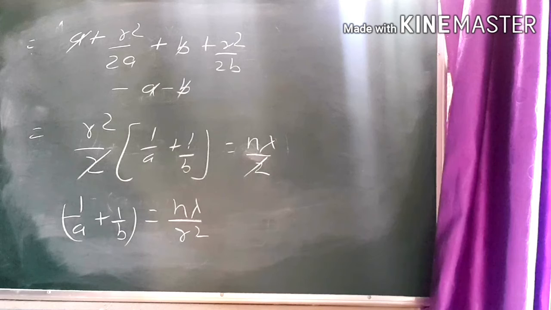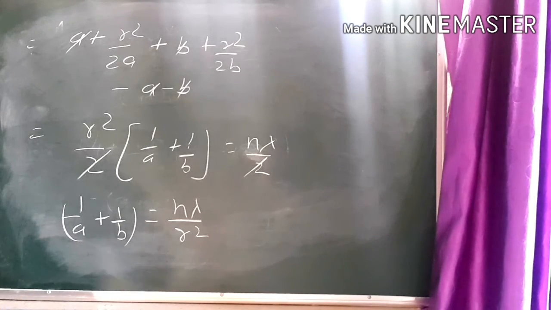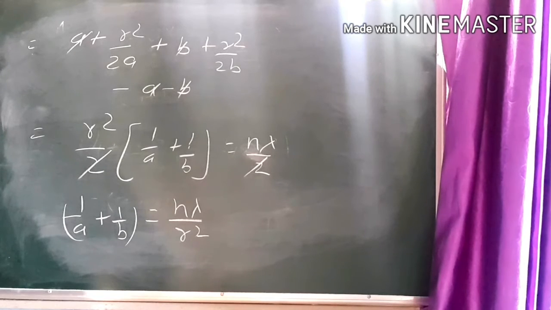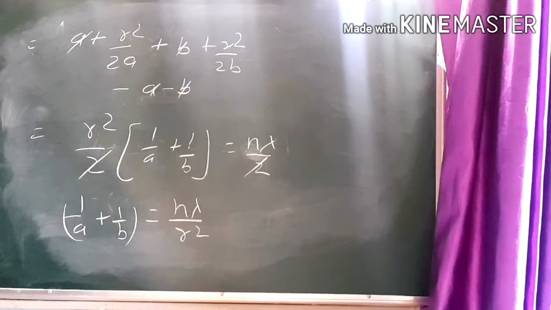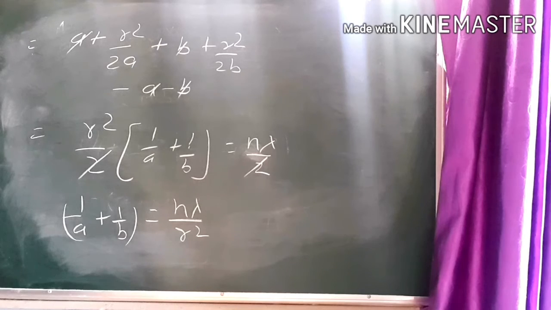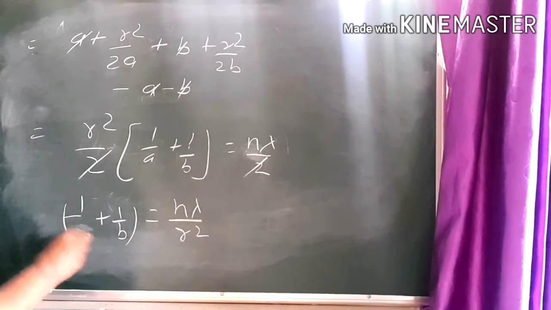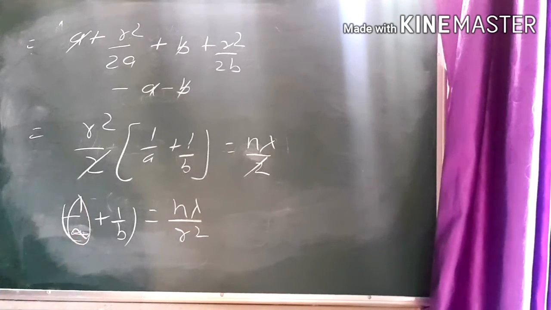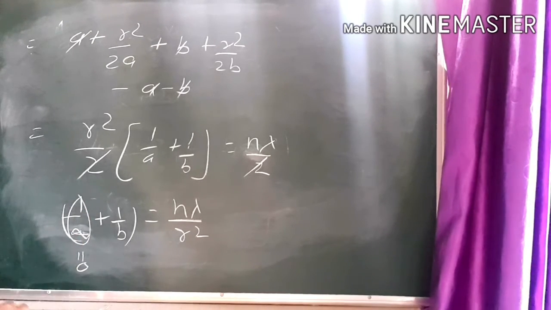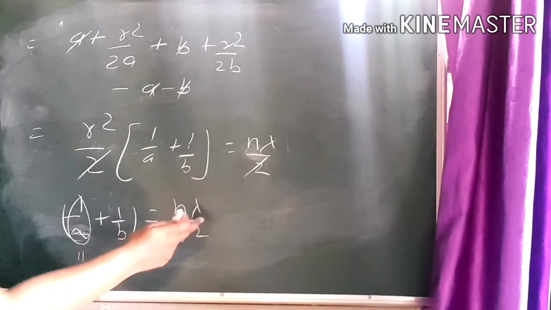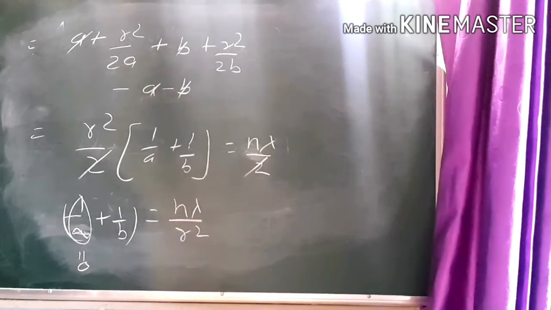This is the equation for the path difference. Suppose a is infinite, the source of light is very far apart from the aperture. If a is infinite, then this term is equal to 0. Then we have 1 by b is equal to n lambda by r square.